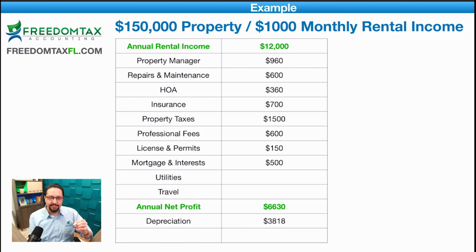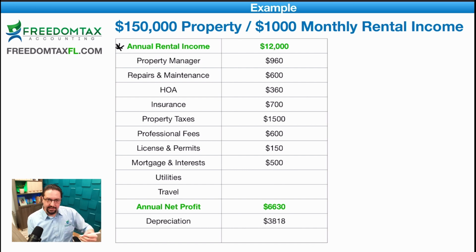In this example, we're going to use a property that you buy for $150,000, and that property has $1,000 monthly rental income. So that means that your annual rental income is $12,000.